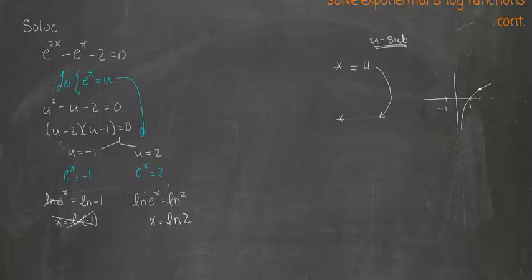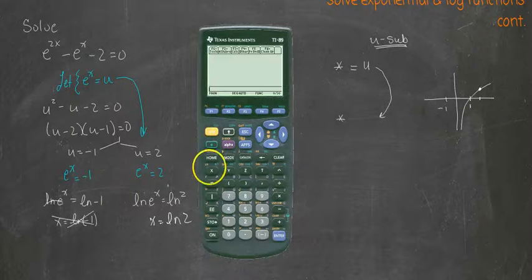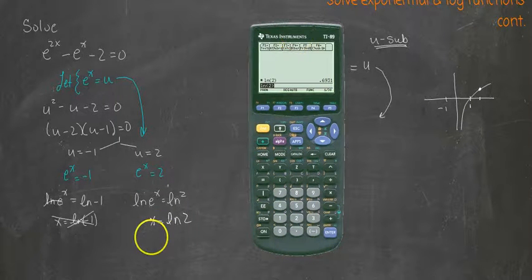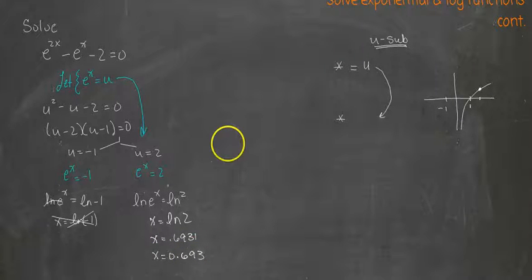So let's open up our calculator and type in the natural log of 2, and I want an exact value, 0.6931. I like 3 decimal places, so x equals 0.693.